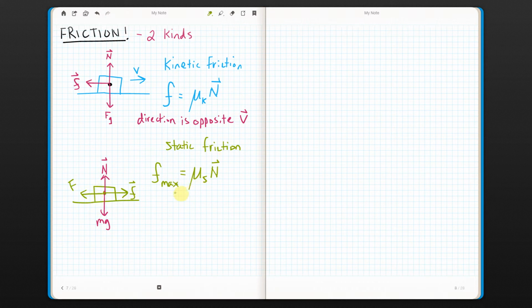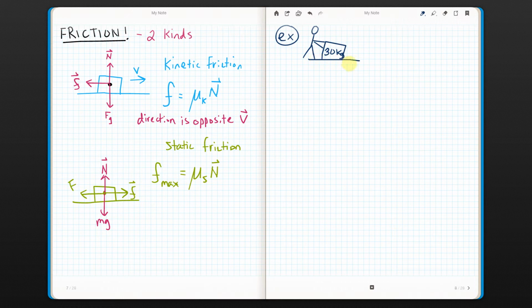So let's do an example. Let's say I have a box, and let's make it a really heavy box. How about 30 kilograms? Okay, that's a heavy box. And I am sitting here trying to push this box.